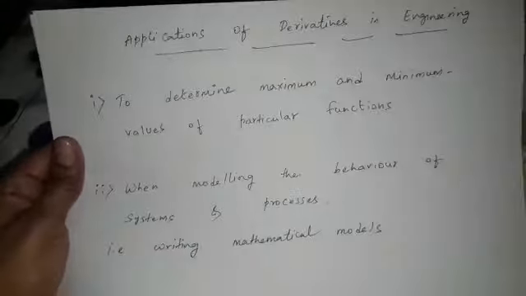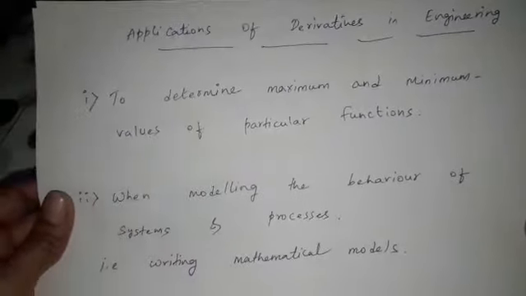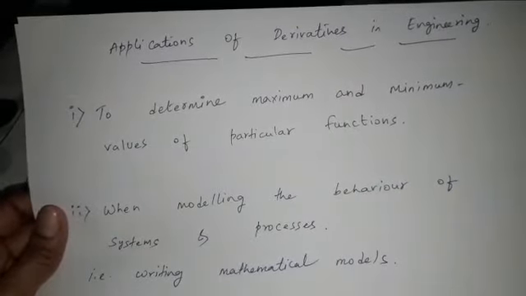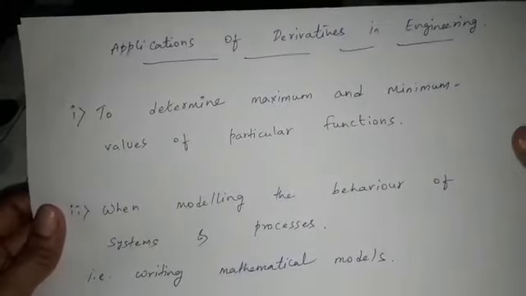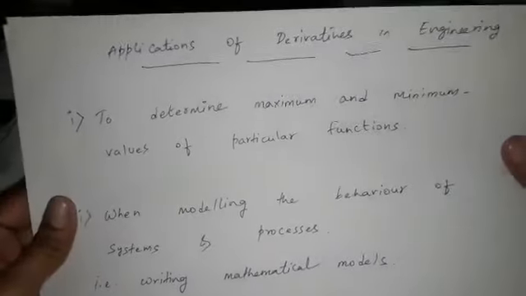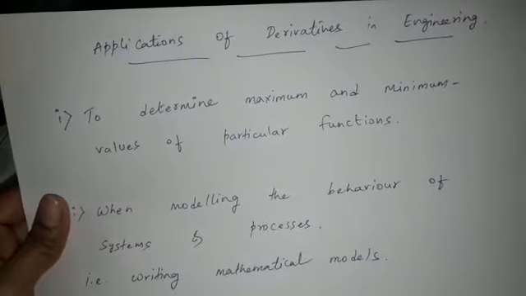Now, applications of derivatives in engineering. First, to determine maximum and minimum values of particular functions. Many times, to find the maximum and minimum of a function, we need to find the first derivative and then equate it to 0.